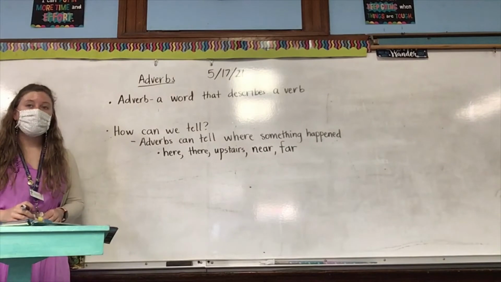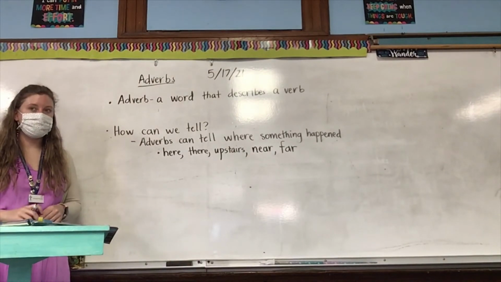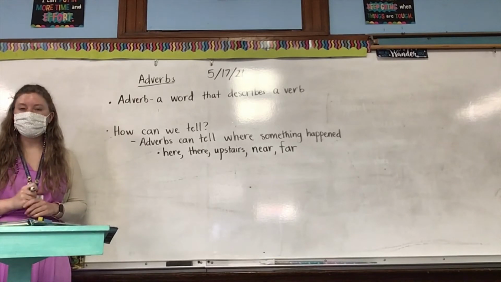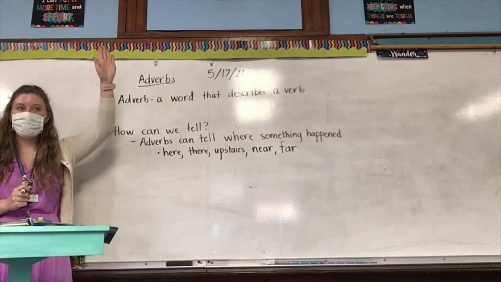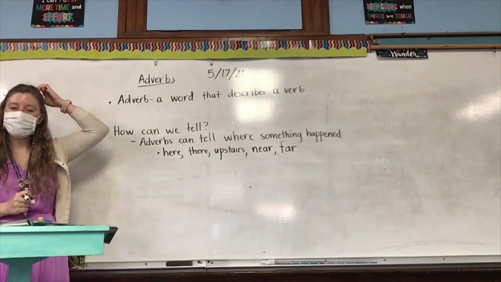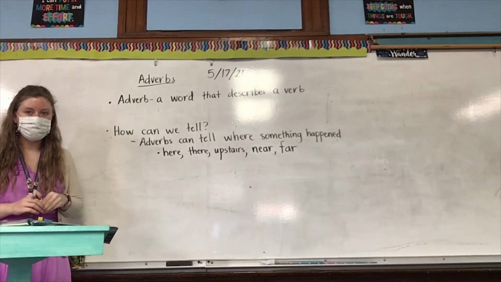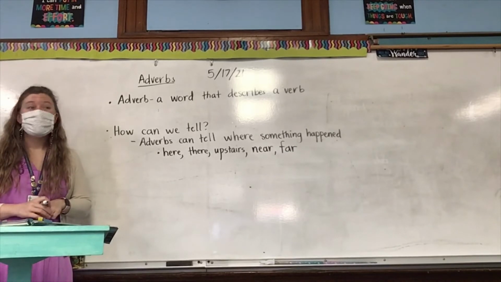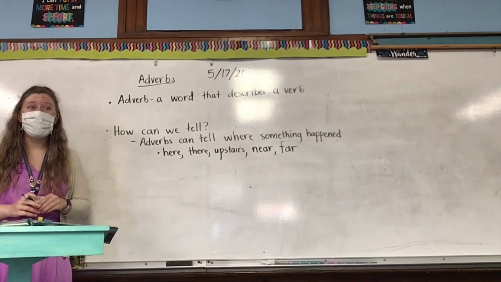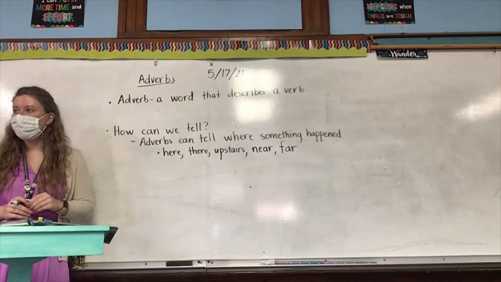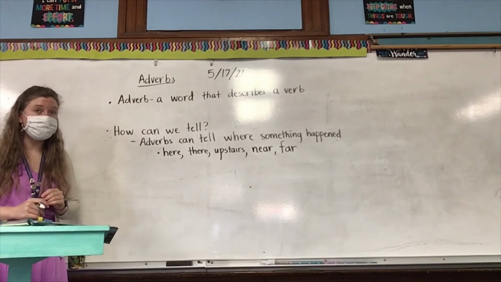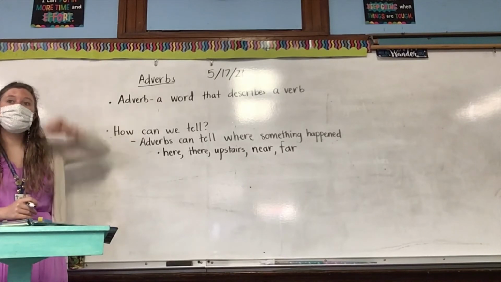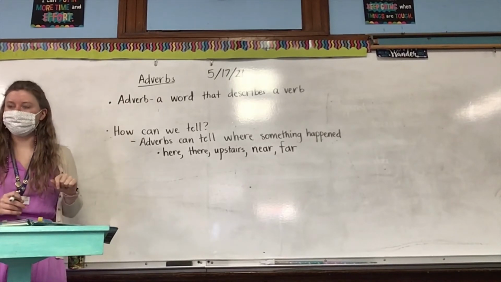We parked near the grocery store. Near tells us where we parked, which is a verb. They traveled far away for vacation. Far tells us where they traveled, which is a verb.